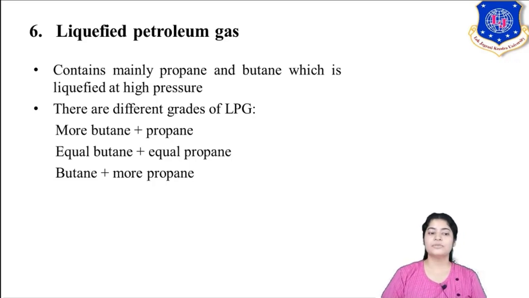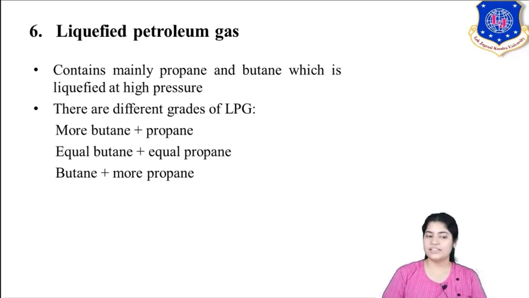One more thing you have to note is that butane is heavier than propane, and the tendency of heavy gas is to settle near the ground. So in northern areas, because pressure is less, we keep the composition of propane more, because propane is lighter than butane.